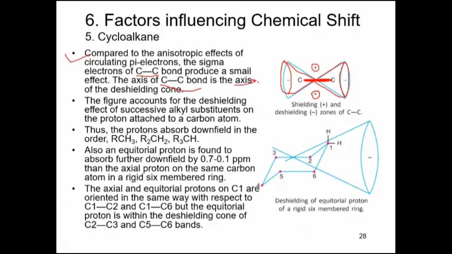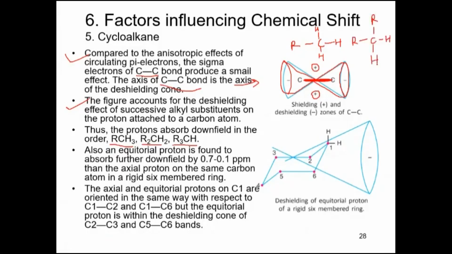The figure over here accounts for the deshielding effect of successive alkyl substituents on the proton attached to a carbon atom. If it is a chain, you can consider that these cones are attached to one another from end to end. Thus, protons absorb downfield in the order RCH3, R2CH2 and R3CH. What they mean is a carbon attached to one alkyl group and three hydrogens, then a carbon attached to two alkyl groups and two hydrogens.